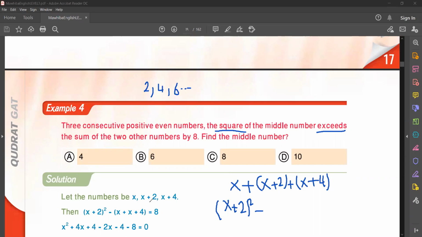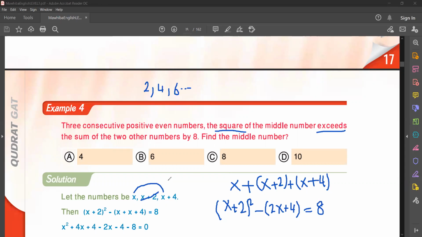What are the two other numbers we have? Because the middle one we square, then the other numbers we add. x plus x is 2x, plus 4, right? Plus 4, sorry. Now, equals what? Equals 8.